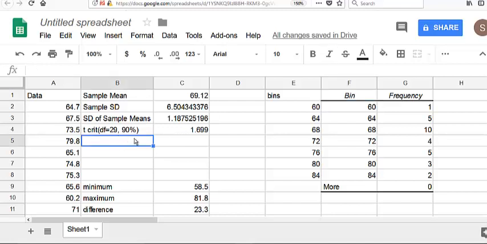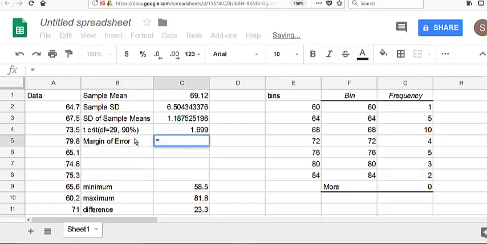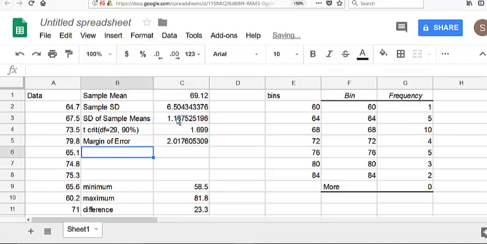Okay, so the last thing is, we need to figure out what the margin of error is. And the margin of error is equal to the critical t-score times the standard deviation of the sample means. So that's our margin of error.